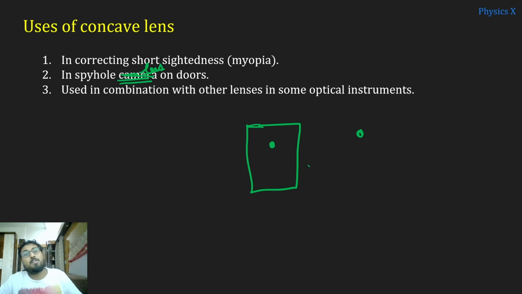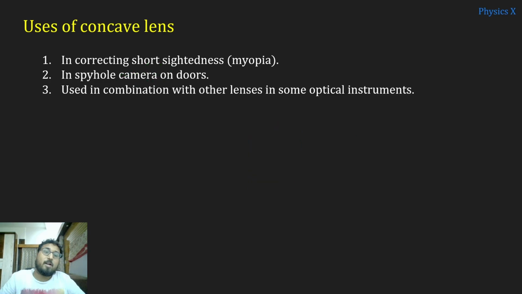So what is this lens? Concave lens only, because you can see a much wider area in front of the door. It is also used in combination with other lenses in some optical instruments. There are so many optical instruments, right?